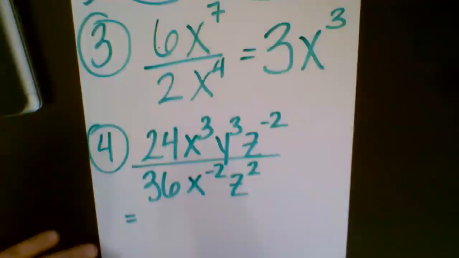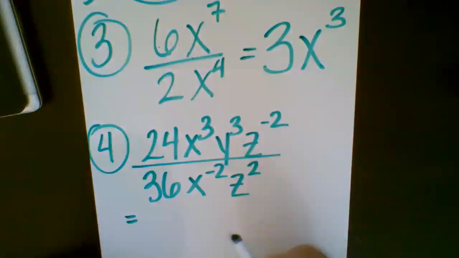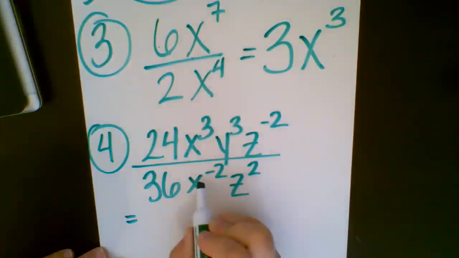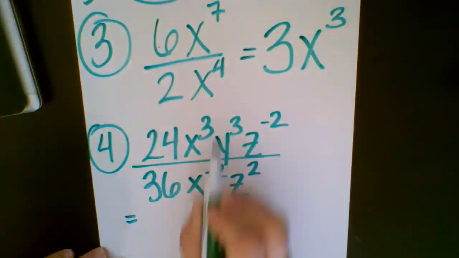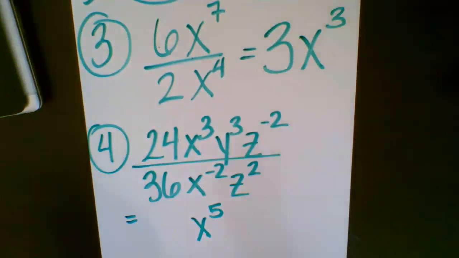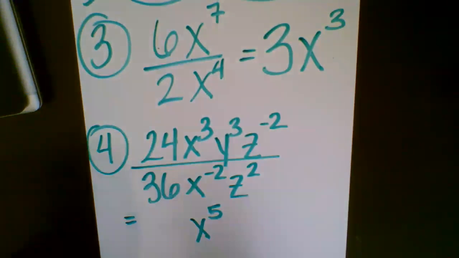We have x to the 3rd over x to the negative 2nd, just the x's we're looking at. We're going to subtract those. So for x, it's going to be 3 minus negative 2. That's the same as plus 2. Okay, so we're going to have x to the 5th. 3 minus negative 2 is the same as 3 plus 2. That gives us 5 total x's.